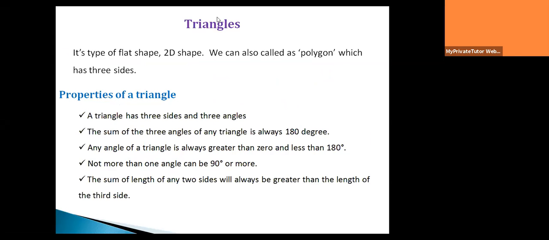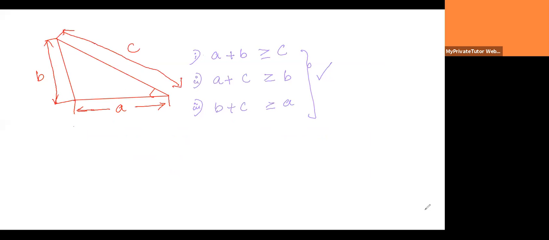So what about the types? Anybody? What are the types of triangles? Okay, equilateral, scalene, I got the answer. Acute. Okay, that's nice to see that you guys are answering. Perfect, guys.